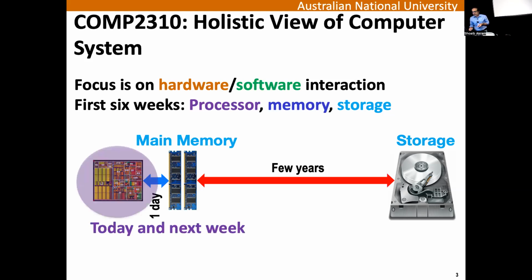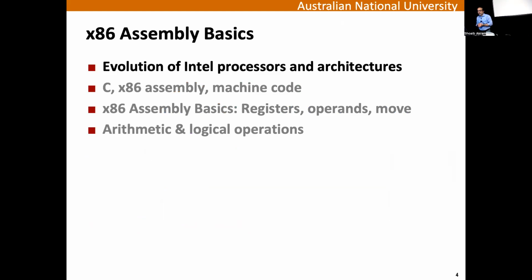Okay, so today and next week, we will try to strengthen your foundation on this piece here, the processor. You already spent a lot of time writing assembly, understanding how assembly language instructions are translated down to ARM machine code, how the bit patterns look. And we will revisit some of that today and next week.